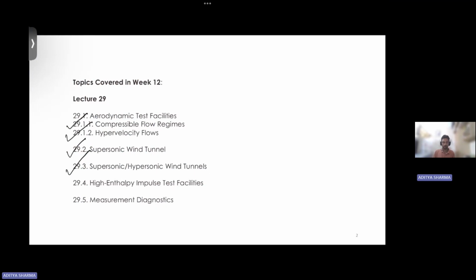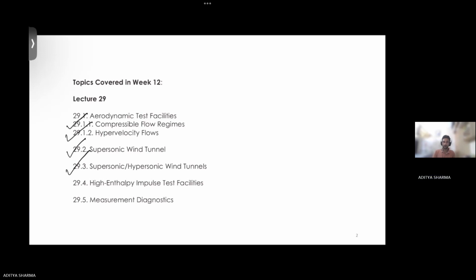Okay, so in the high enthalpy impulse test facilities, the first setup that has been discussed is a shock tunnel.